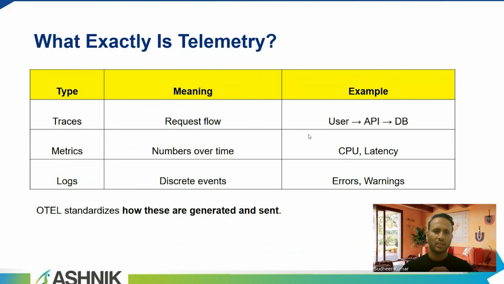Then we have logs, which tell the discrete events, what exactly is happening, what kind of error code, and that kind of information. So Otel standardizes all these things to generate and send from the source to the destination.